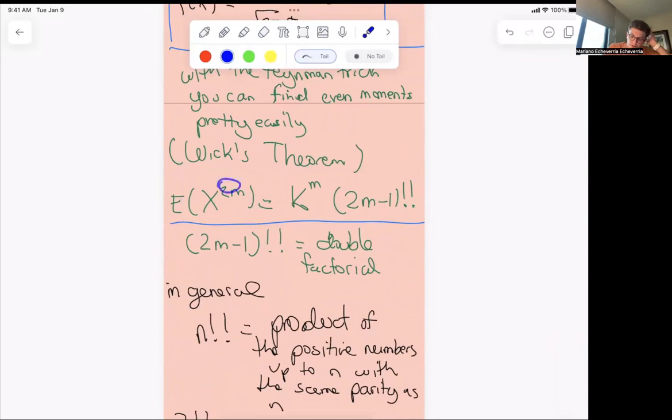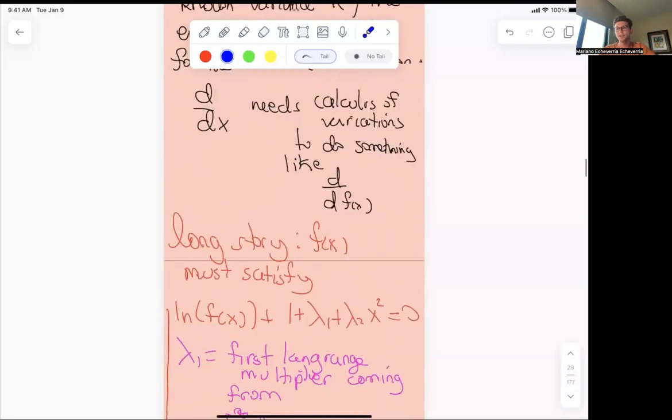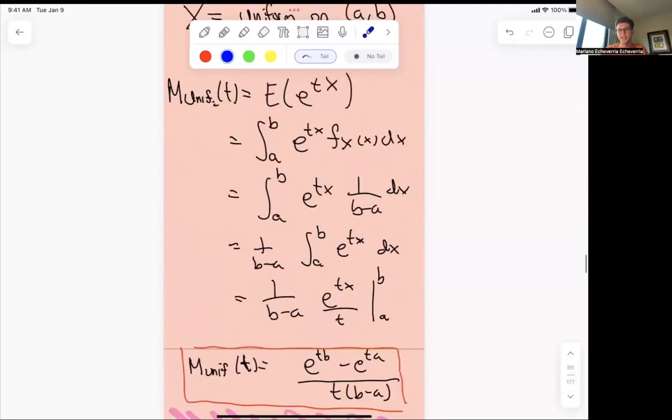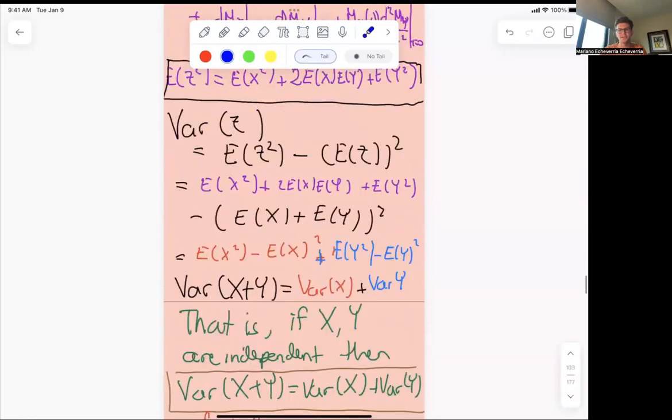So if you wanted, you could just put m equals 2 in this one, and it will be related to the fourth moment of the Gaussian. Up to some constants, this is essentially the fourth moment of the Gaussian. That's what I'm trying to say. You just have to play a little bit with the constants.